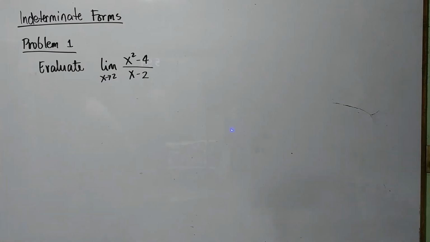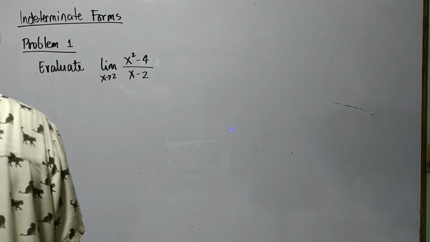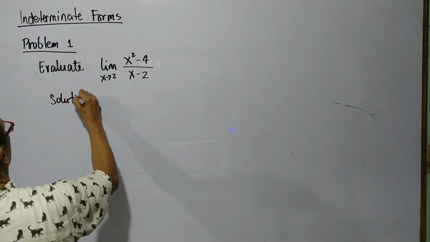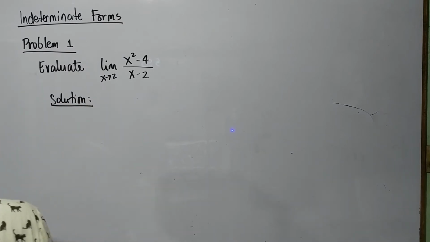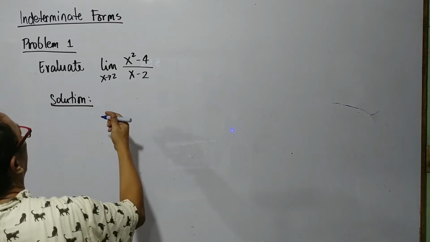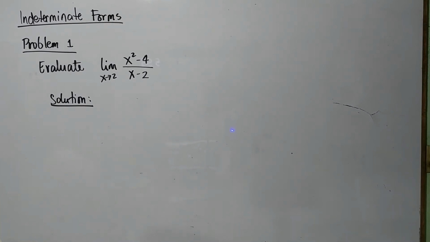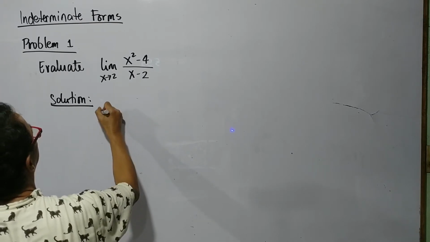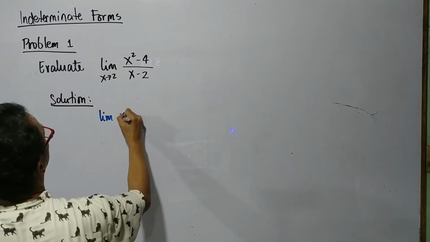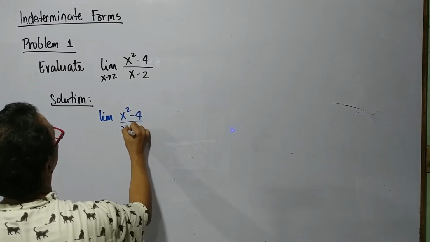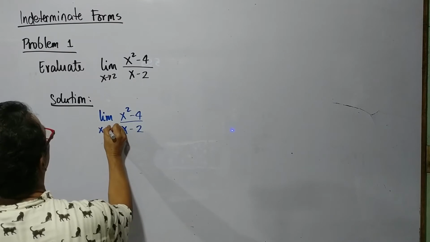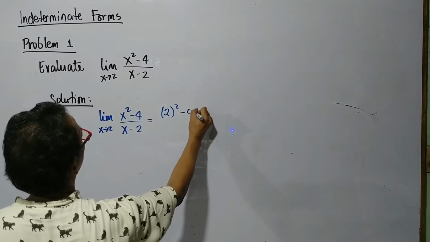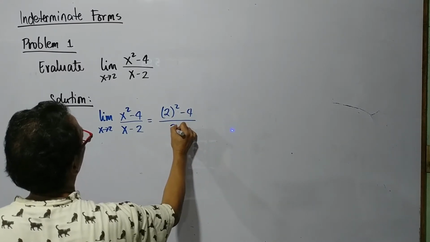As you notice, if you apply direct substitution here, you have 2 squared minus 4 over 2 minus 2.